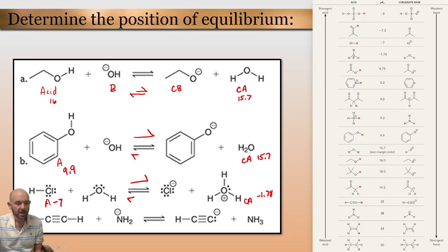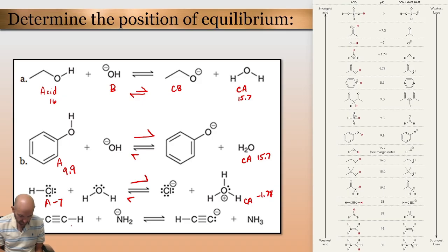In the last example, we have the acetylene molecule here giving up the proton here to the NH2 minus ion to become an acetylide ion and an ammonia molecule. So this is our acid and this is our conjugate acid.